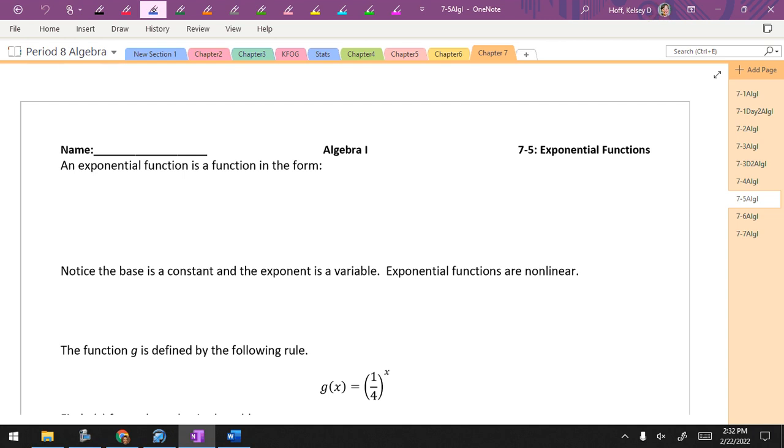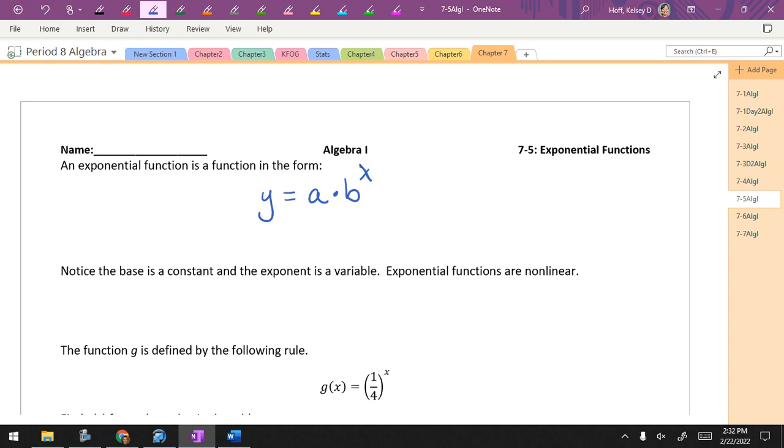So it says an exponential function is a function written in the following form. Y equals a times b to the power of x. Now notice, your variable is in the exponent.